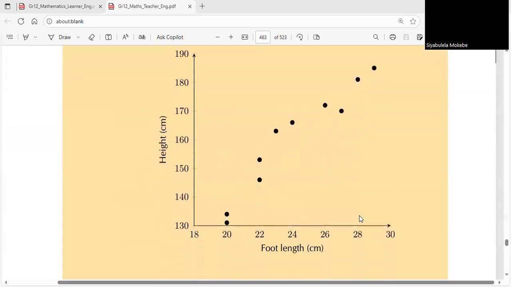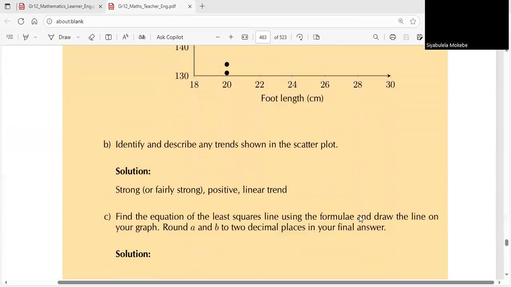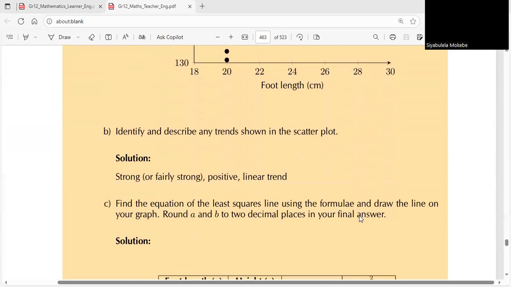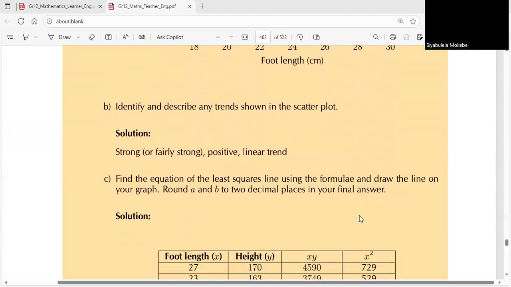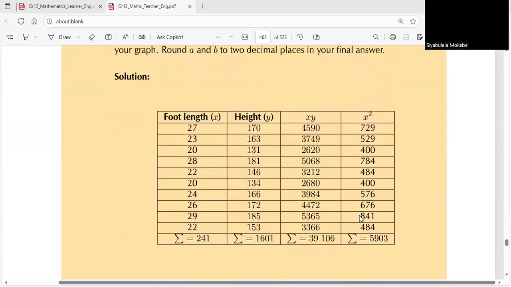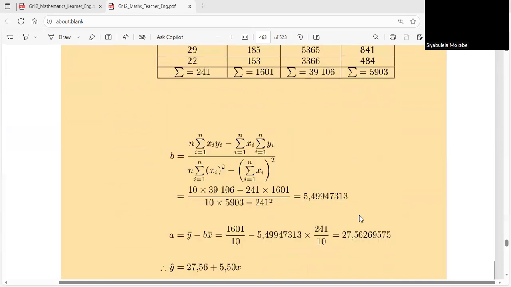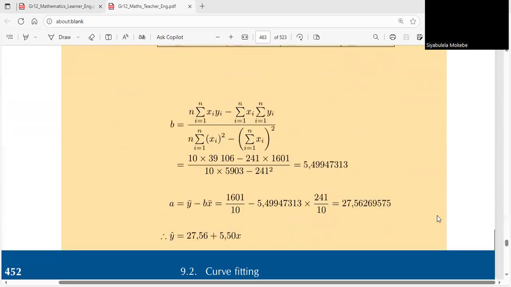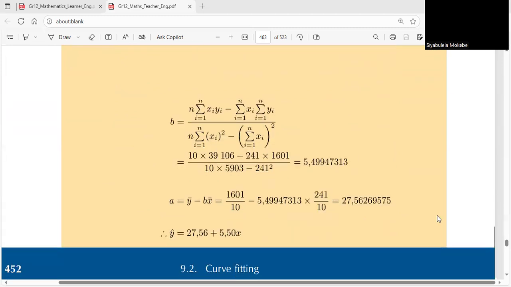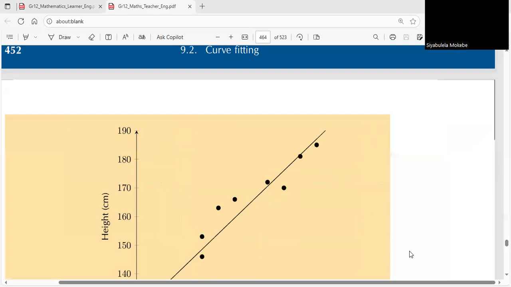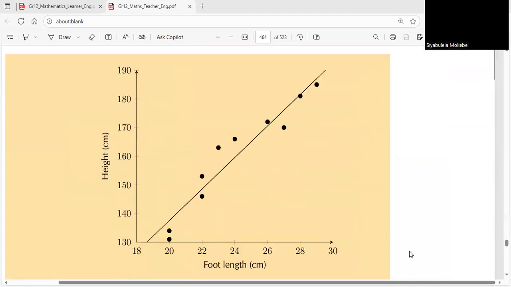It's your point. Yes, that is your line.